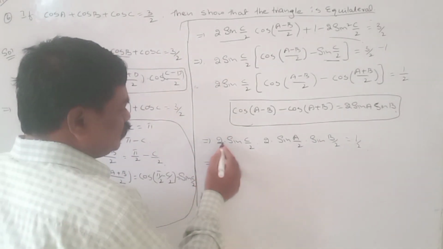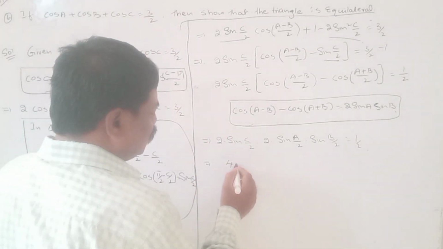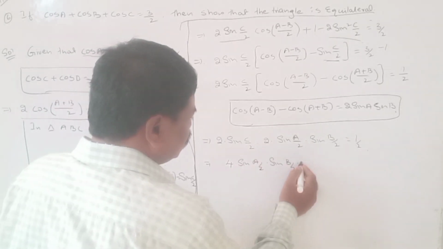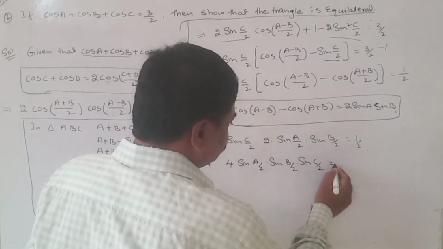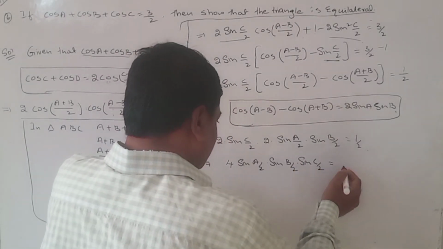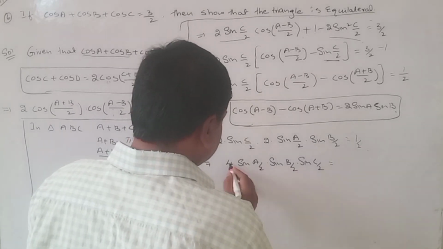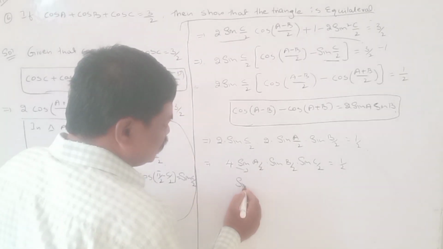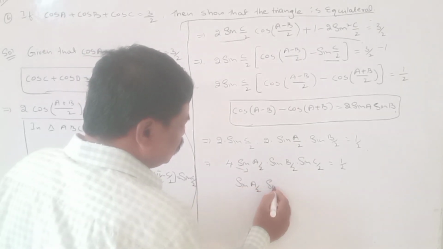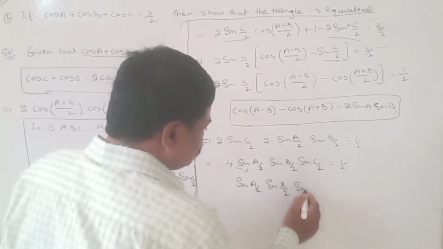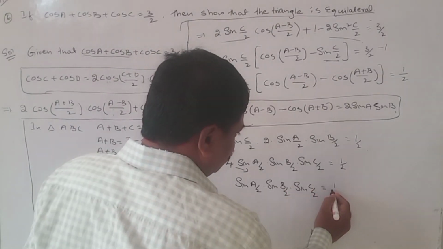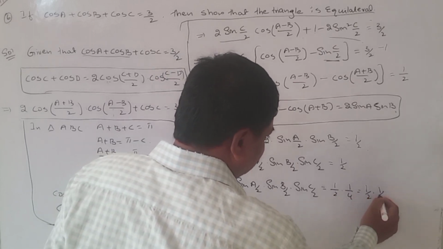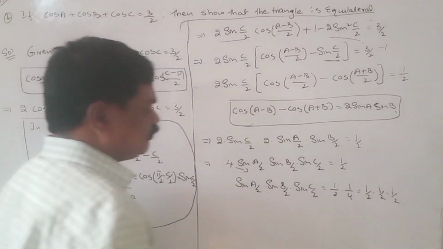You observe here 2 into 2, 4 sin A by 2 into sin B by 2 into sin C by 2 is equal to 1 by 2. By cross multiplying, sin A by 2 into sin B by 2 into sin C by 2 is equal to 1 by 2 into 1 by 4, equal to 1 by 2 into 1 by 2 into 1 by 2.